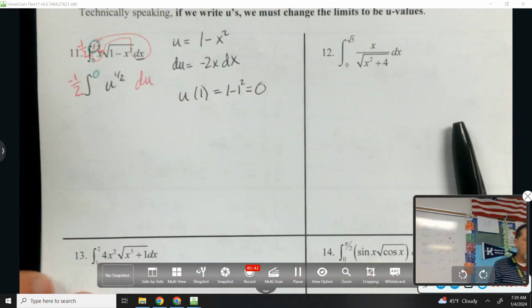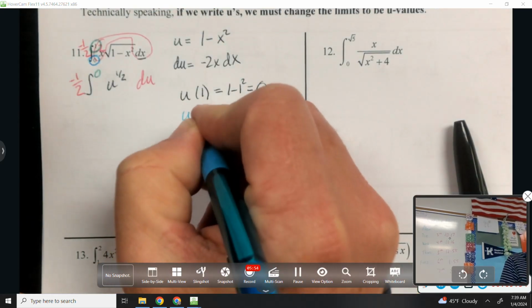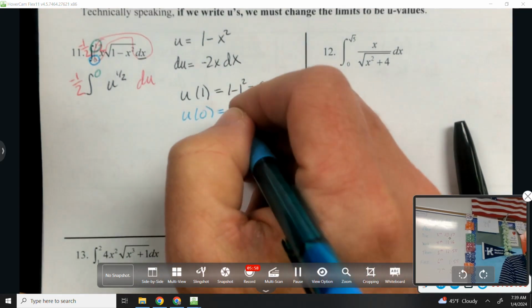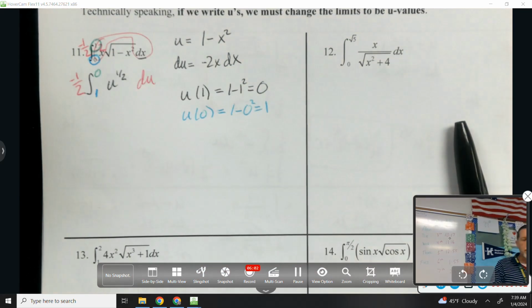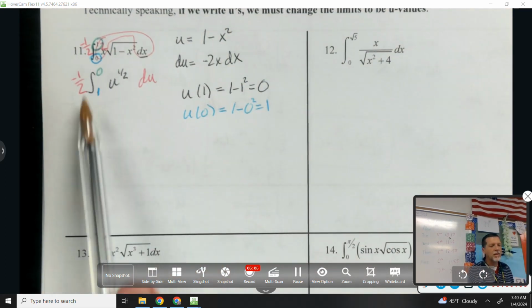So we're going to change that top limit to a 0 because we have to change it to u things. The bottom limit was 0. So if I plug in 0 for x, 1 minus 0 squared is 1. So my bottom limit is now 1. So I switched the limits from x limits to u limits.